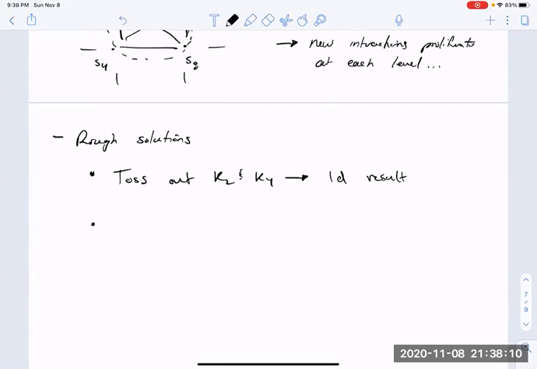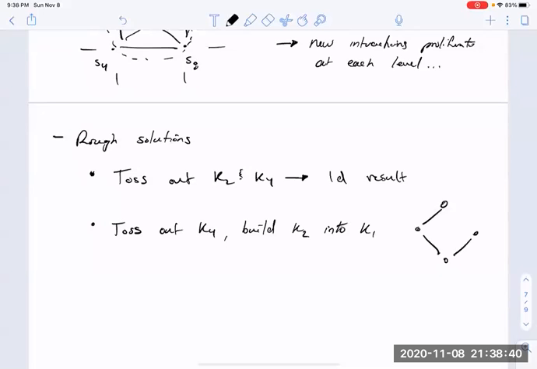So instead of doing that, an alternative would be to still get rid of K4. Maybe it's not so important. And maybe try to build in the diagonal interaction into the non-diagonal interaction. Pictorially, that would look something like this. We have those interactions along the perimeter.